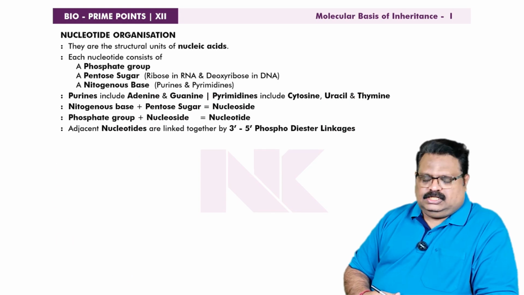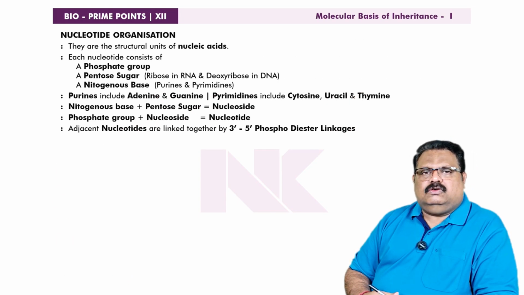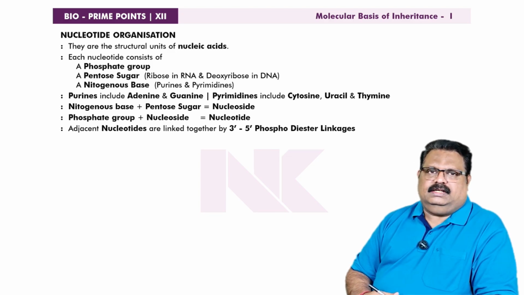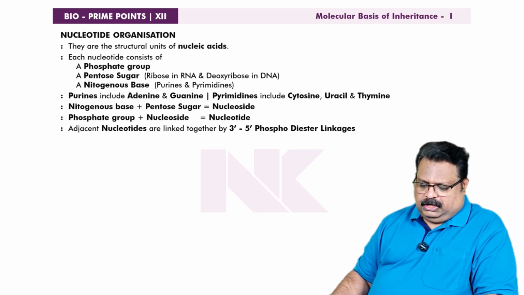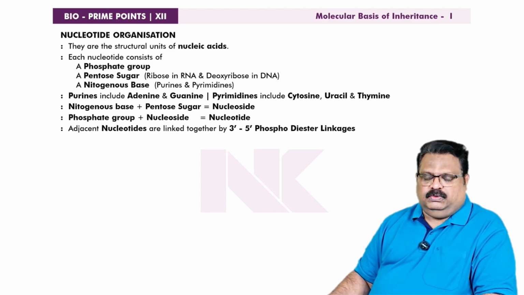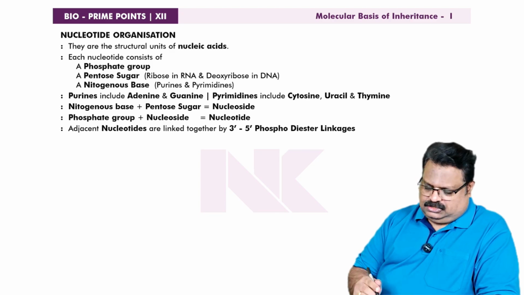The next prime point is regarding the nucleotides. As you know, in the case of both RNA and DNA, the building blocks are called nucleotides. Okay? So the nucleic acids are produced by the structural units called nucleotides, and each nucleotide comprises three parts.